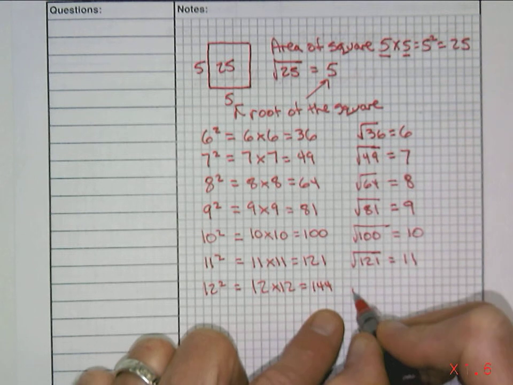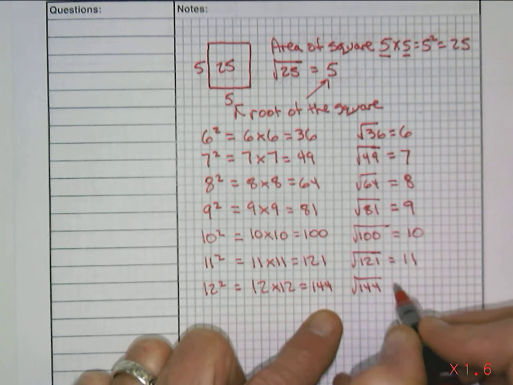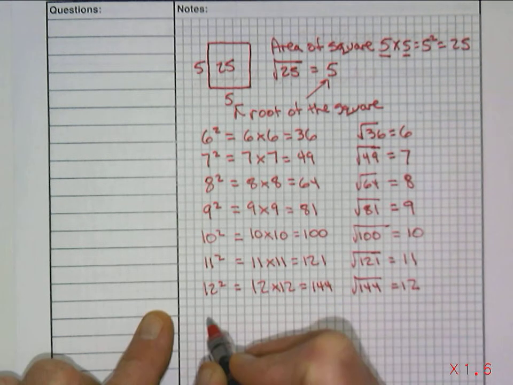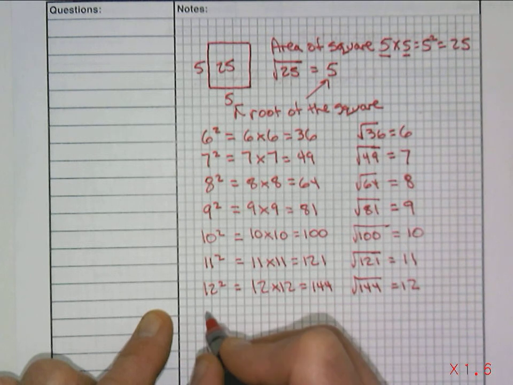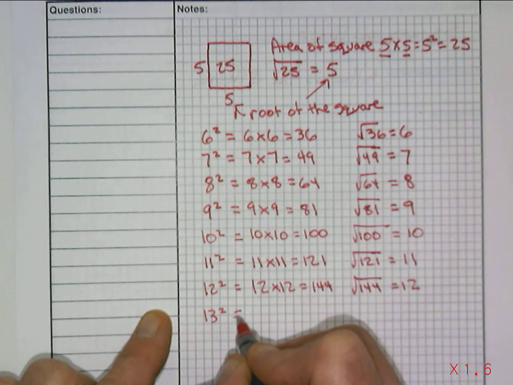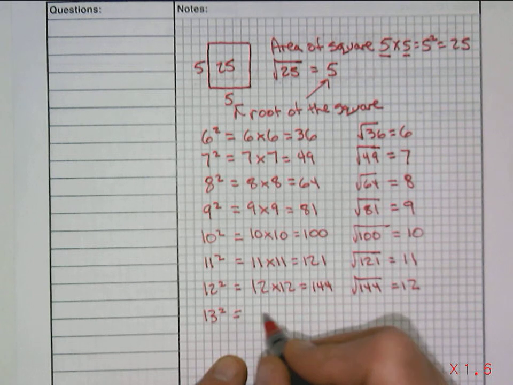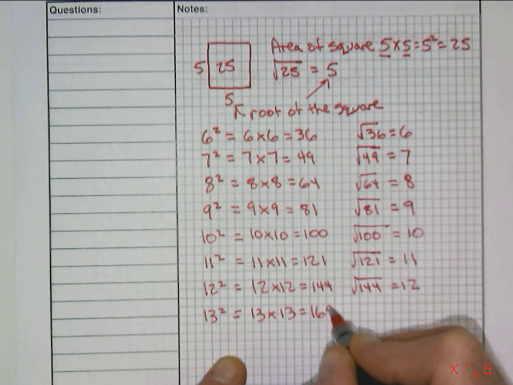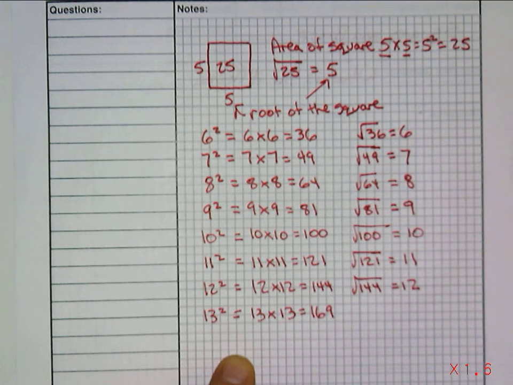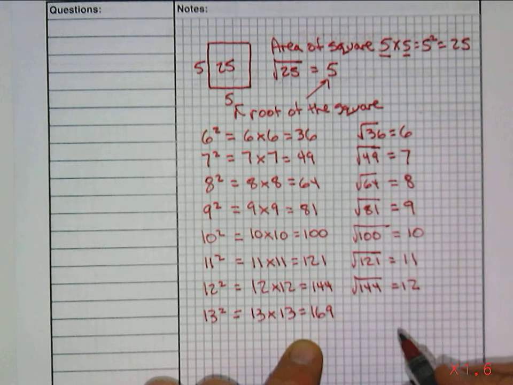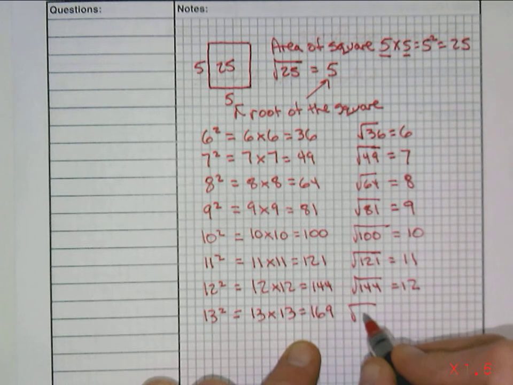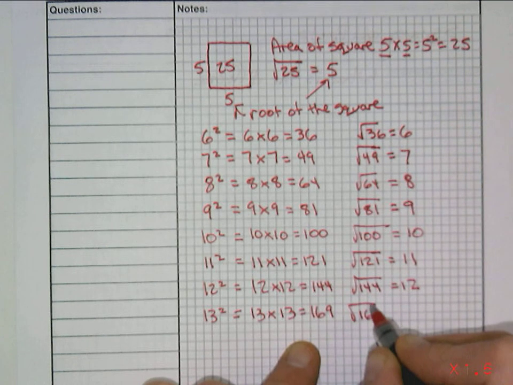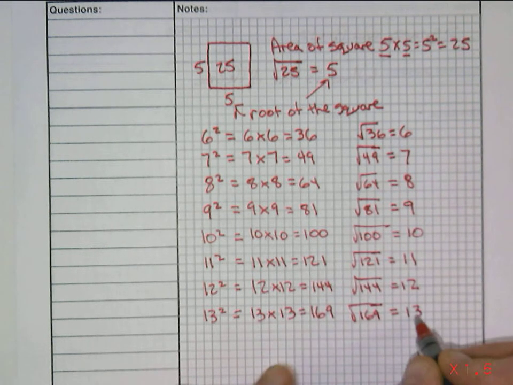So the square root of 144 is 12. And then get into some trickier ones. 13 squared. So you may not know that one off the top of your head, but it's a worthwhile one to remember because it comes up fairly often. And so if I want to know the square root of 169, I know it's 13.